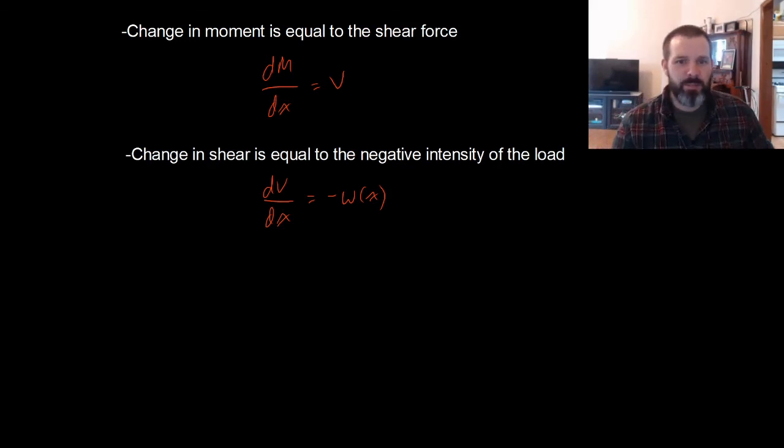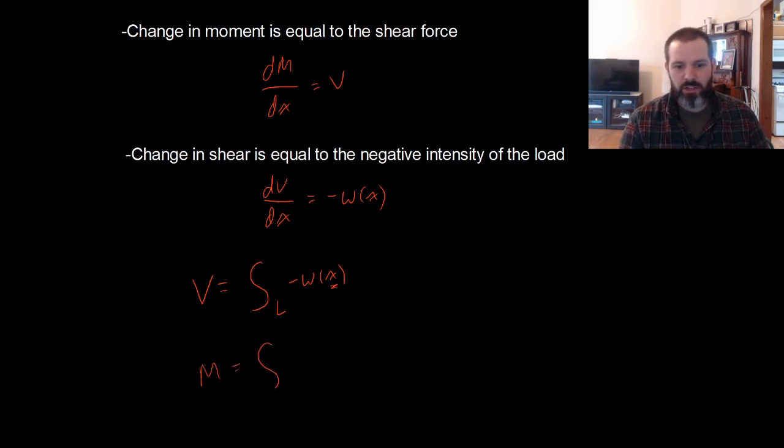Now, this is backwards, us basically knowing what the moment is and what the shear is. Generally, we know what the loads are. So it's more beneficial to understand the integral relationship, knowing that the shear is equal to the integral over the length of Wx, where x is a portion along the length. And the moment is the integral of the shear over the length.